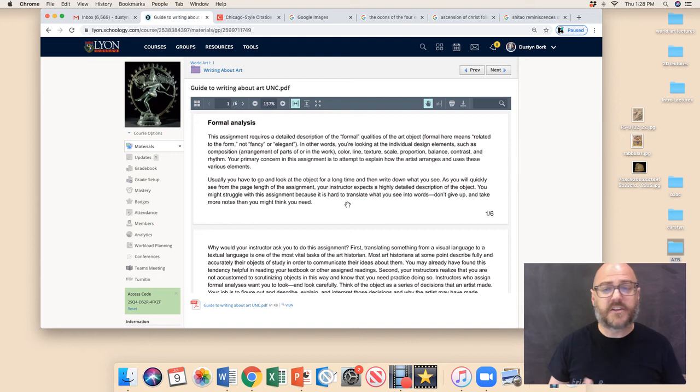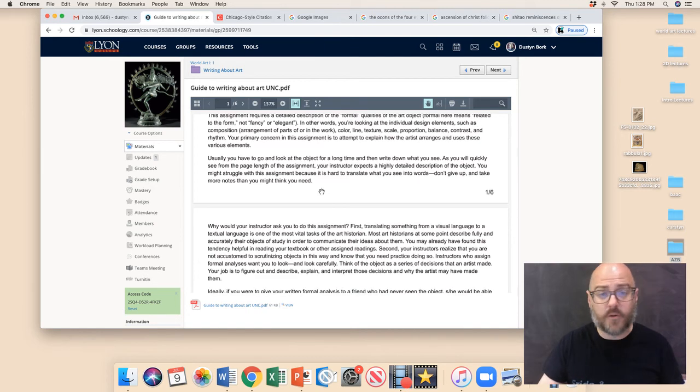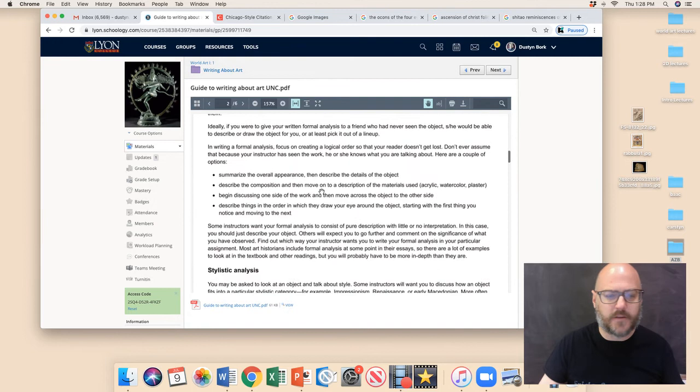So this is a visual analysis. For a visual analysis, you can get a little bit into what the piece might mean, what it could be about, and that could even be your thesis, but the majority of the paper is going to be describing the way that the image looks. That is a formal analysis, and that'll be paper number 1.